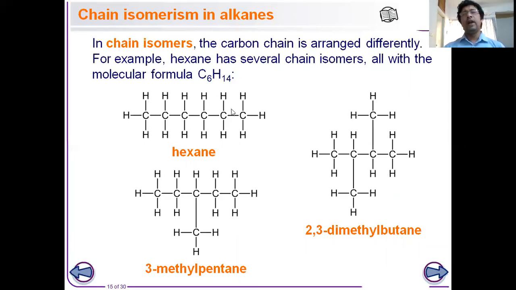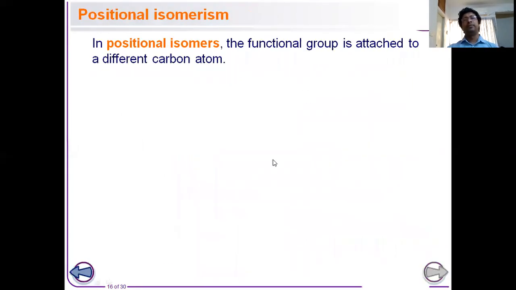So these three are isomers, and we have to understand that these types of isomers are called chain isomers, as the chains are different. First one is straight, second one is branched, third one is also branched. So these types of isomers are called chain isomers.